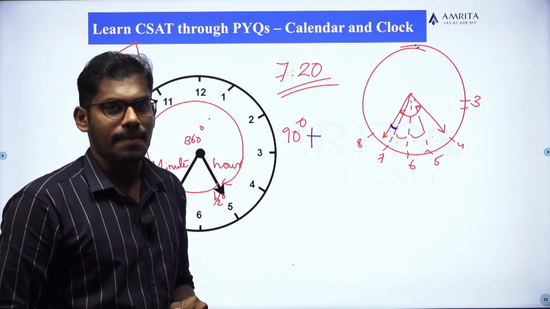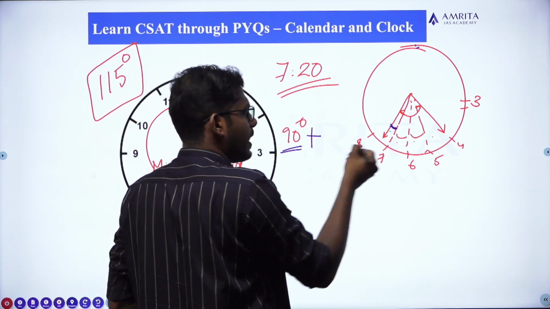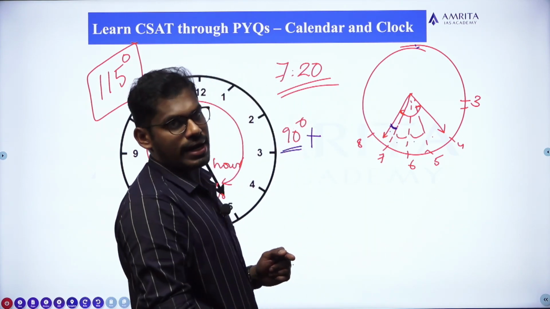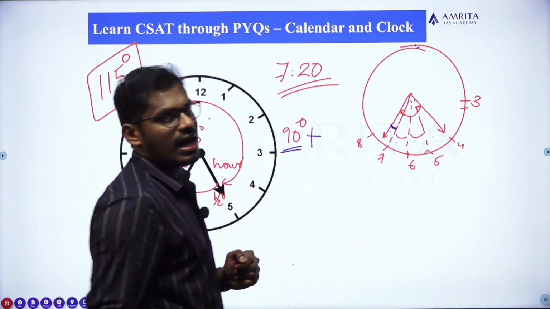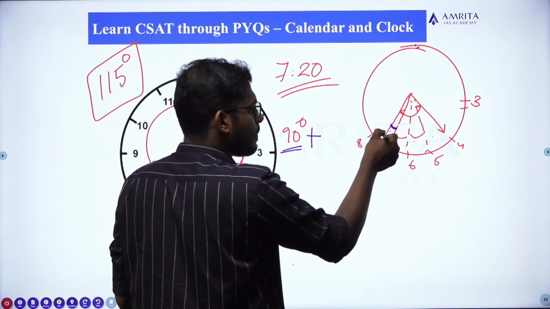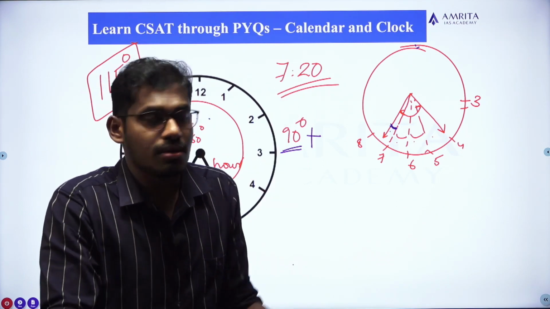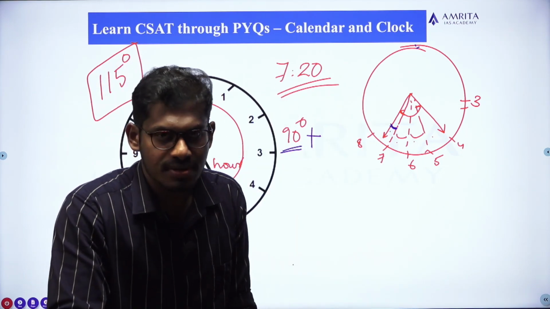I hope you got the idea. Clear? So this 90 degree must be added with this extra angle, which has to be found out. So we have to find the angle made by the hour hand when the minute hand moves 20 minutes. Clear?